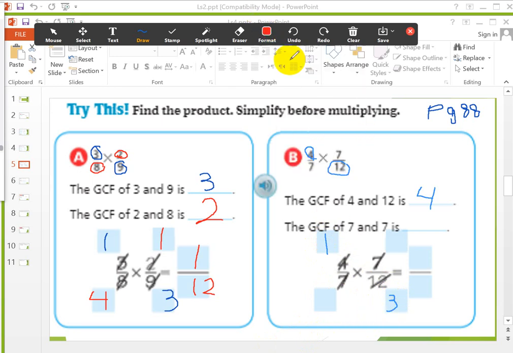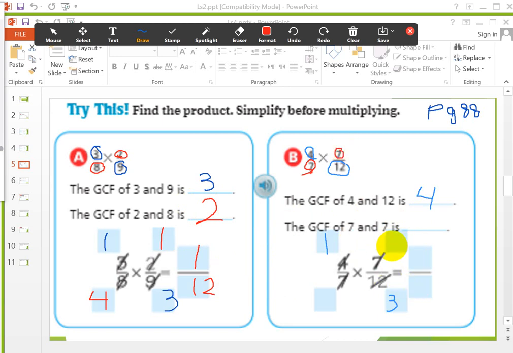Now, what about the numerator from the second fraction and the denominator from the first fraction? What is the greatest common factor? No, Jana, not 1. No, Mariam, no. There is a greatest common factor, the greatest. Which is the greatest number able to divide both numbers?